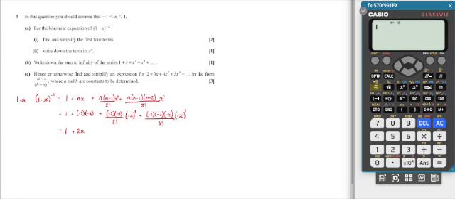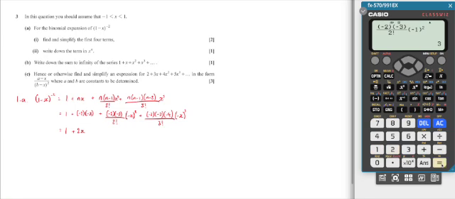Then I have got minus 2 minus 3 over 2 factorial, times minus 1 to the power 2.